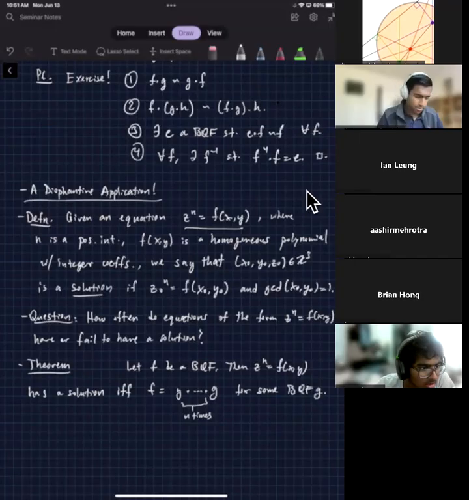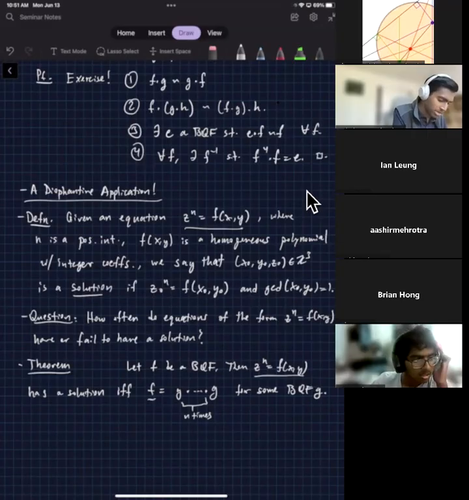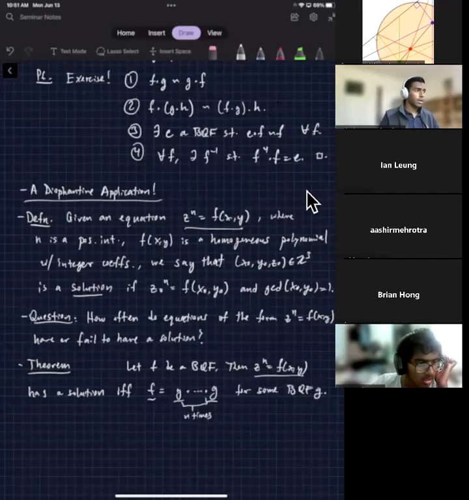So the condition for the equation z to the n equals f of x, y to have a solution can be expressed in terms of composition of BQFs. And the condition is just that f should be expressible as the n-fold composition of a BQF g. Okay.